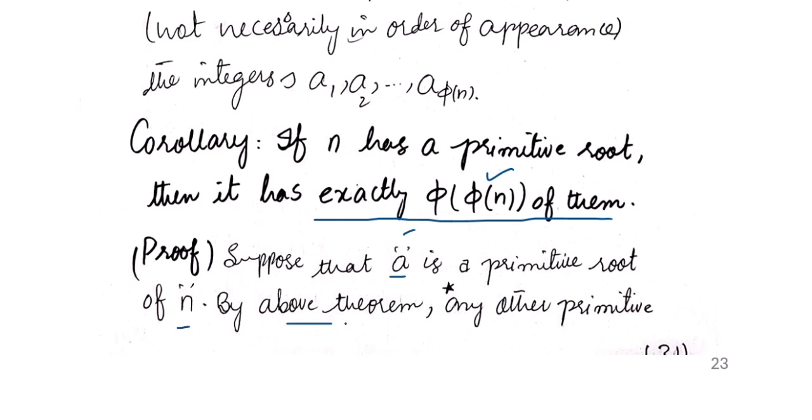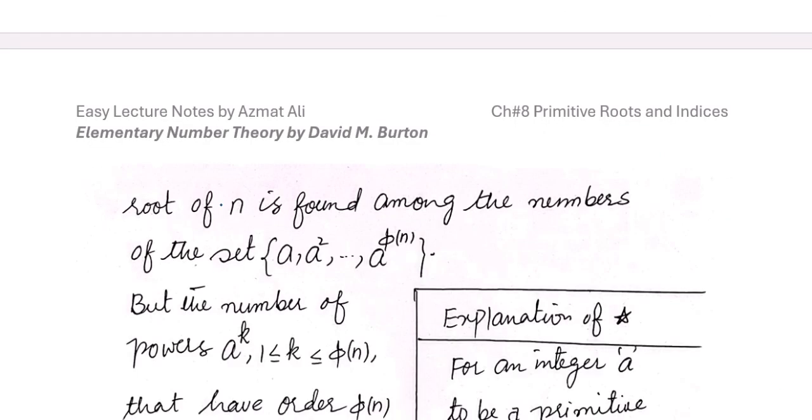By the above theorem, any other primitive root of n is found among the numbers of the set. You can notice that the elements of this set are actually the powers of a, and the above theorem says all the powers of a are relatively prime to n.